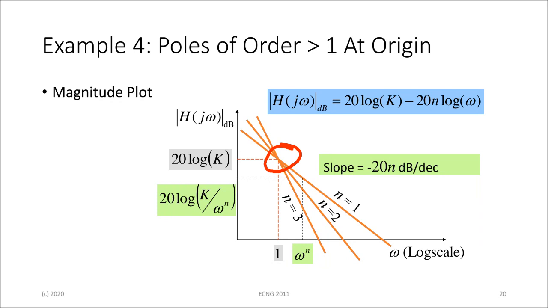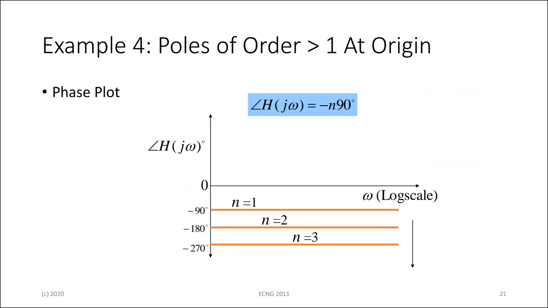So they all will pass through that point, but the slope will vary in multiples of 20 dB per decade, depending on what the order of the particular transfer function is. Right? And of course, the phase angle will change in multiples of 90 degrees, or multiples of pi over 2 radians. So n equal to 1 is minus 90, n equal to 2 is minus 180, n equal to 3 is minus 270, and so you keep going on.